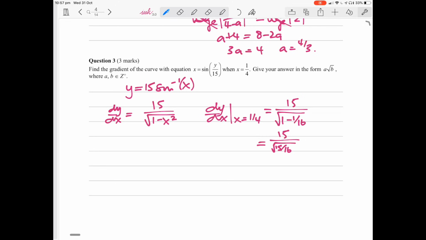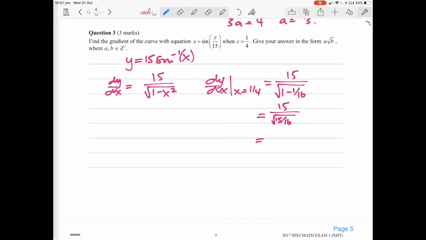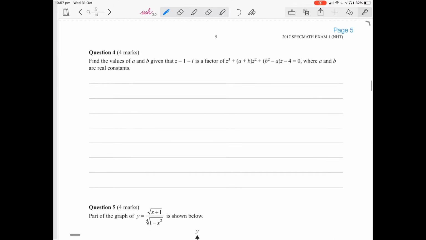But we can take that 16 outside, which would mean when you square root 16, you get 4. 15 divided by 1/4 is 60 on root 15, times it by root 15 on root 15. So that's going to give us 15. When we divide 15 into 60, we get 4 root 15. It's a nice easy one.